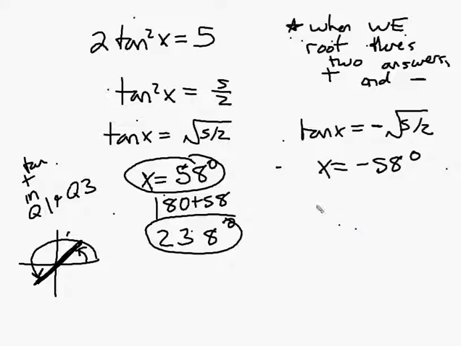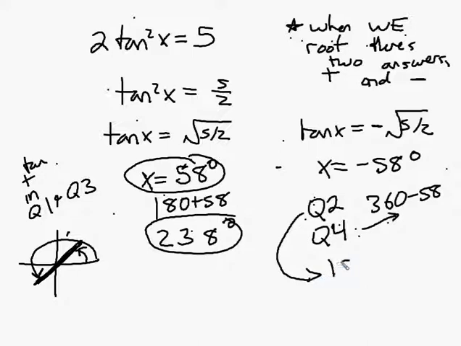And then tangent is negative in quadrants 2 and in quadrant 4. So positive 58 is actually my reference angle. So I'm going to do 360 minus 58 to get the quadrant 4 answer. To get the quadrant 2 answer, 180 minus the 58. Because if I take a look, 58 is going to be my reference angle, which is right here, right here. Reference angles are always positive.